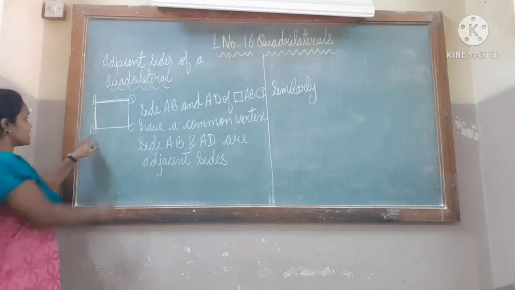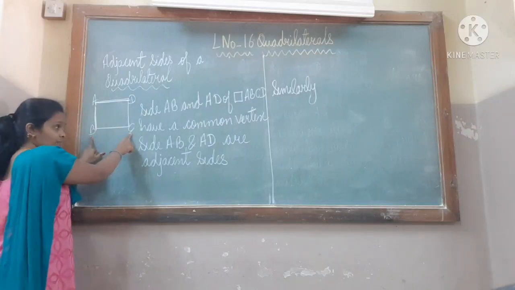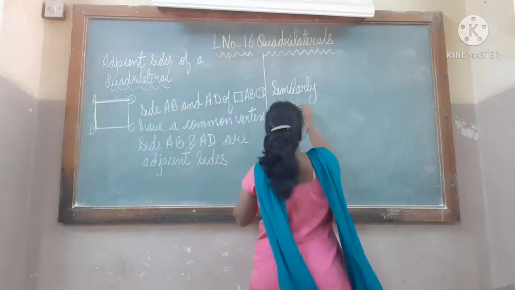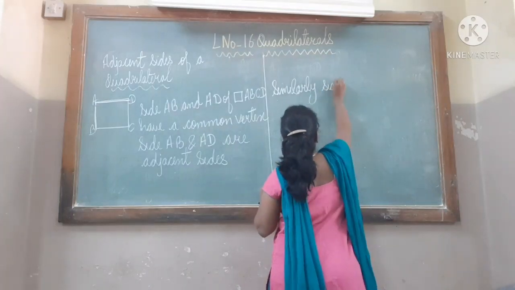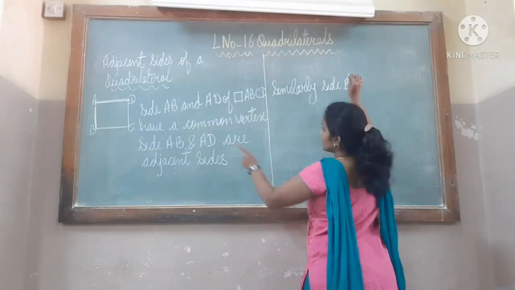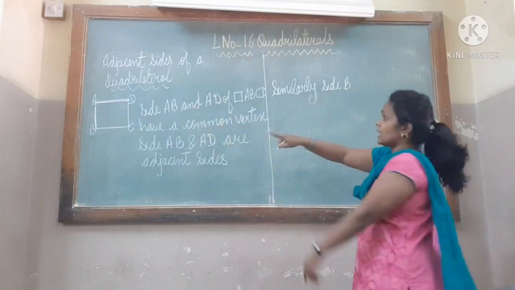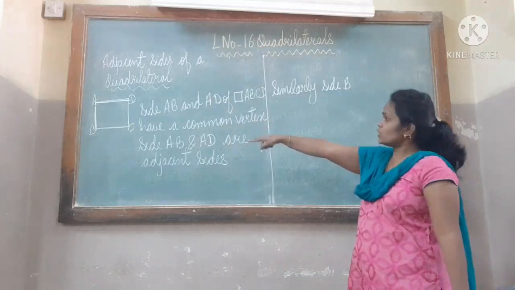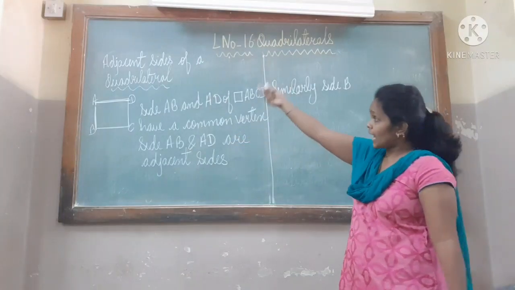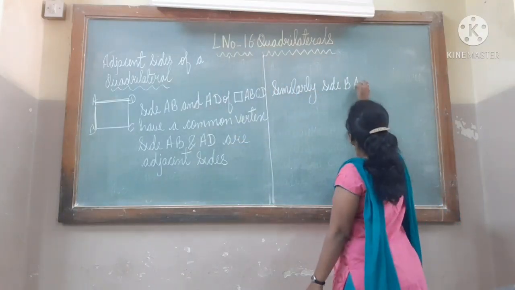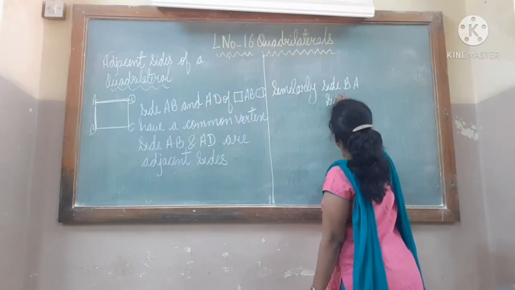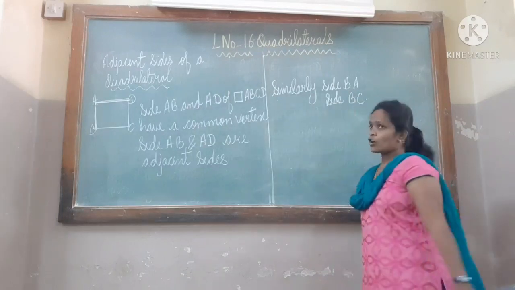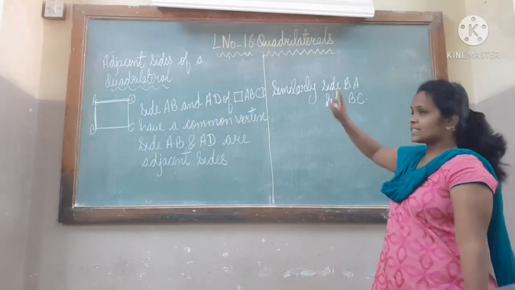The other ones are BC and CD. Similarly, side B, you have already written AB and AD. Then you can write BA and side BC. They are also the adjacent sides.